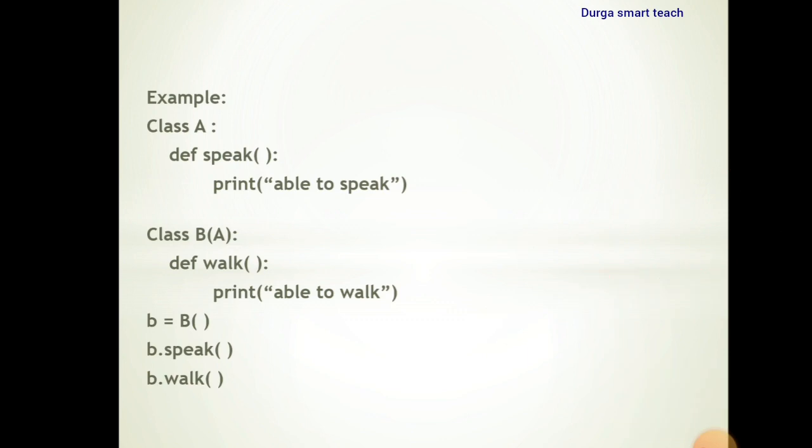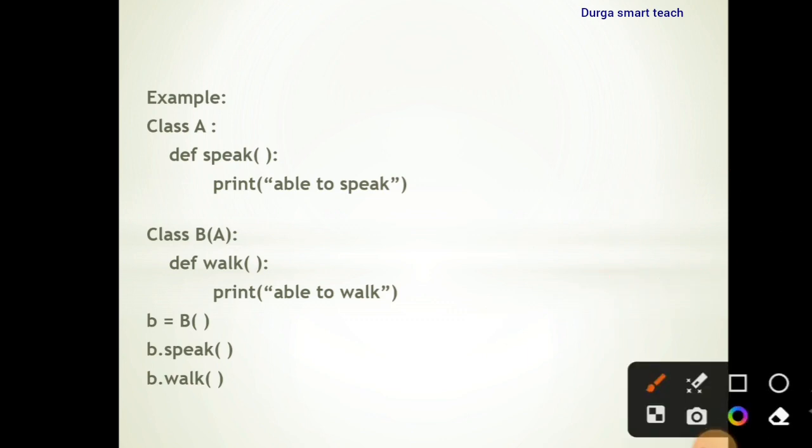But if you create an object for the subclass B, you can access the speak function as well as the walk function, because B is derived from A. So B contains A's properties as well as B's properties, and you can access A's method as well as B's method. That's why I'm calling the speak function and after that the walk function. Now it will print able to speak, able to walk.